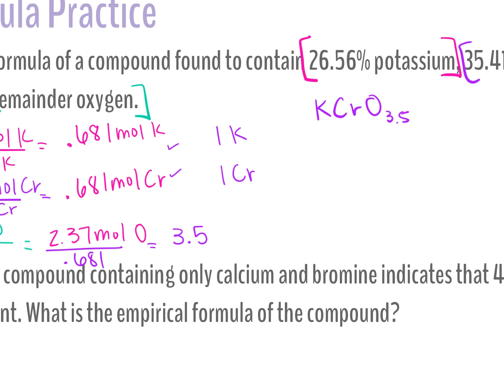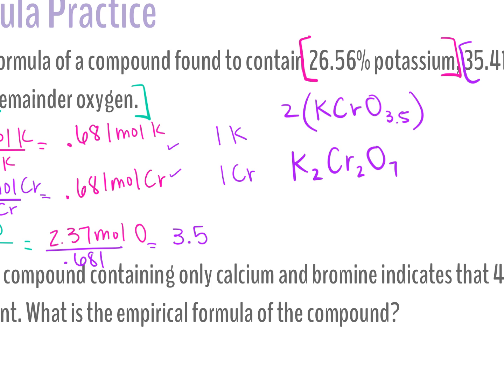So what has to happen is I have to multiply my whole thing times 2 to get it to a whole number. So now my formula becomes K2Cr2O7. Right. When I have a ratio that comes out to be a 0.5, I have to double that whole entire formula to keep my ratio intact, but also get myself to a whole number.